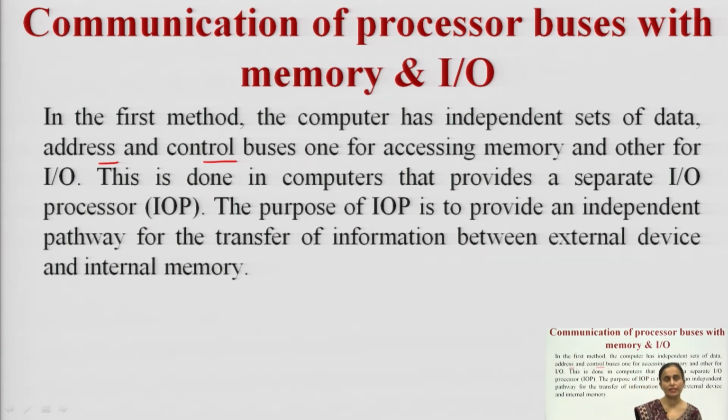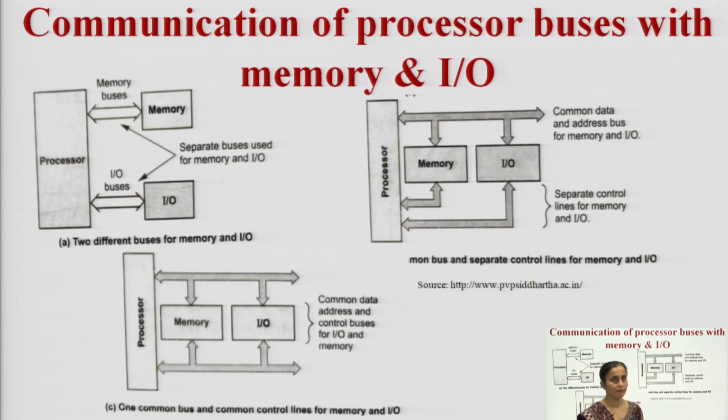The purpose of this input output processor is to give us an independent pathway for the transfer of information between the external device and the memory. This diagram shows the two different buses for memory and IO. Here this is our memory bus, which has the data bus, address bus and control bus, and the IO bus again has three different buses.